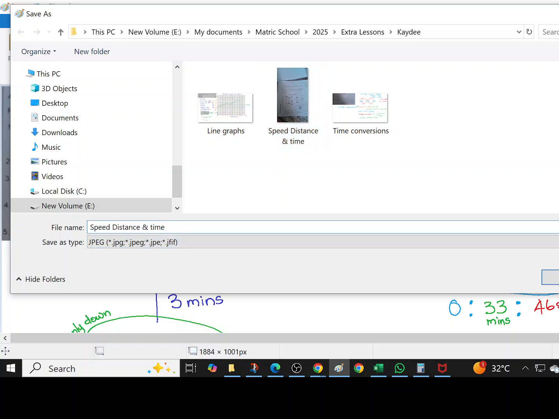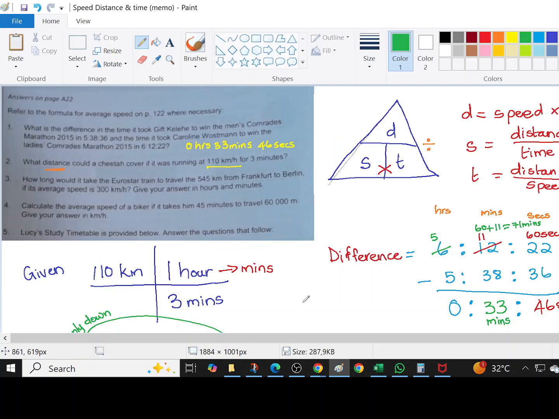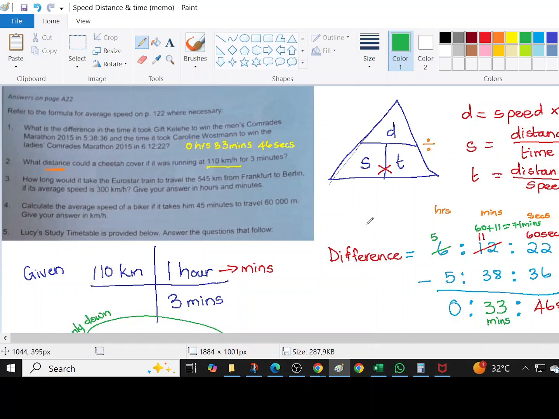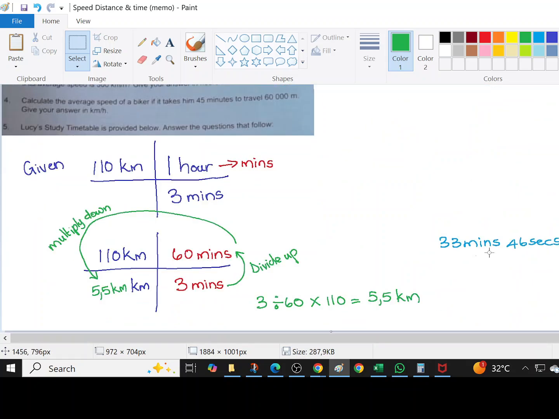I'll put memo. Right, so there, then I'll send it to you afterwards. Did I record? Yes, I did. Okay, so now we're going to go on to the next one, number 3. Let's just clear all of this because I've already saved it. I just need space to write.